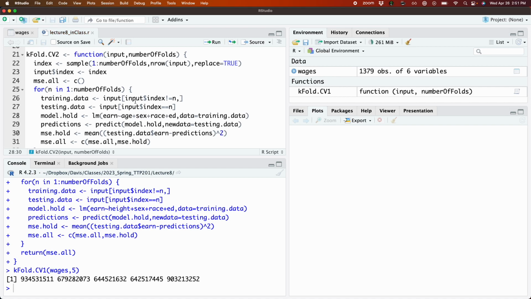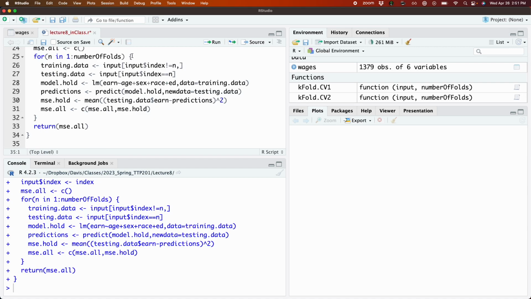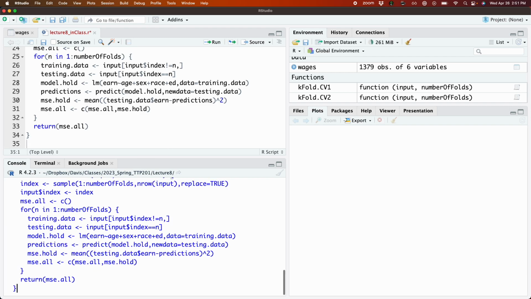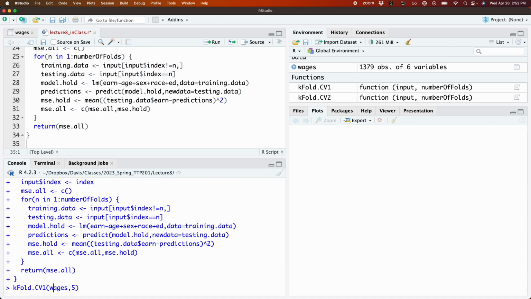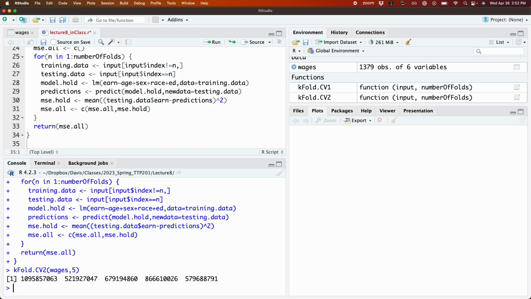The idea is I've got these variables, and I want to see which one is better at predicting, the model that includes height or the model that includes age. If I run k-fold CV2, it returns another set of mean squared errors.